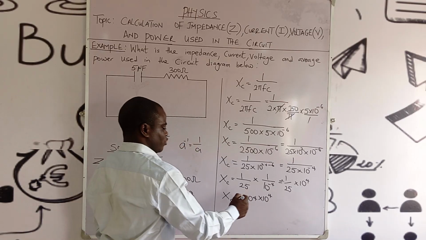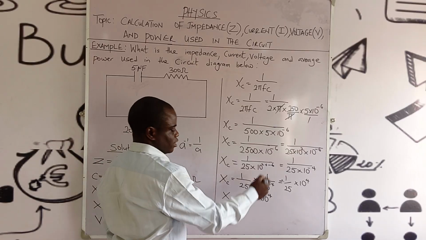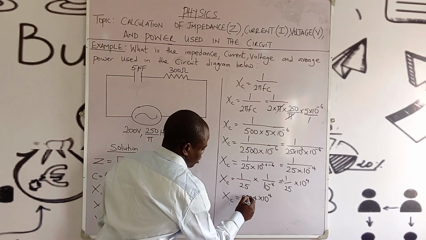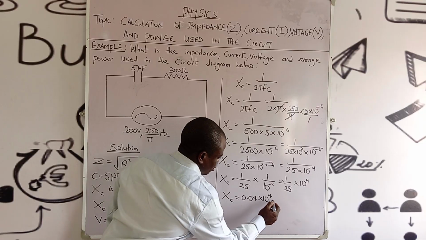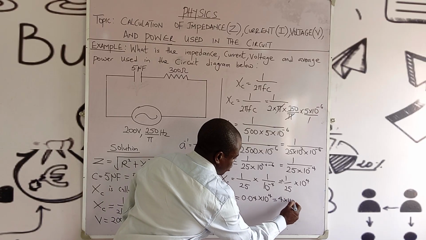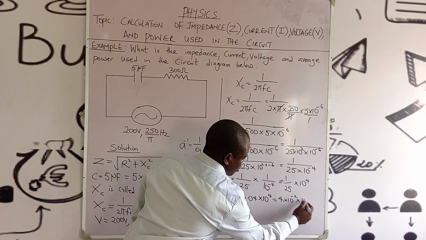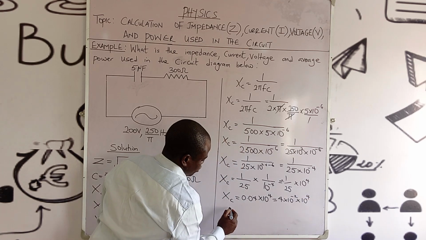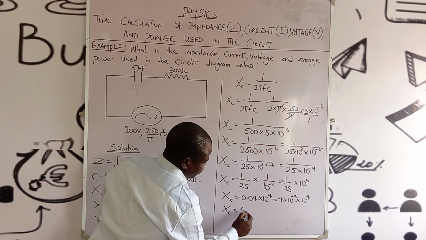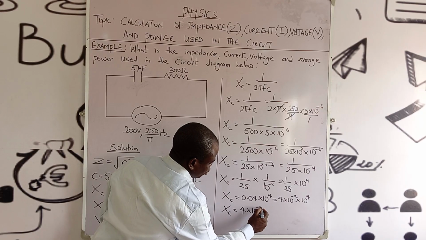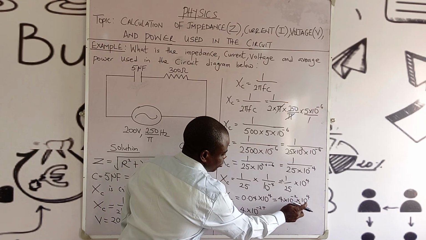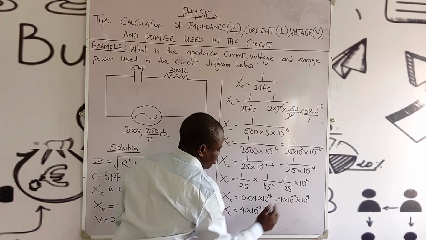Now when you are shifting from left to right, it will be negative. Shifting 1, 2, it will now be equal to 4 times 10 to the power minus 2 times 10 to the power 4. Now Xc equals 4 times 10 to the power minus 2 plus 4, since in indices multiplication changes to positive at the power.